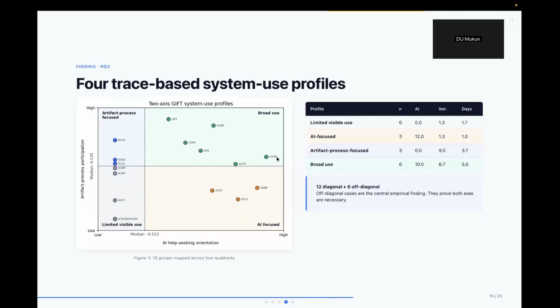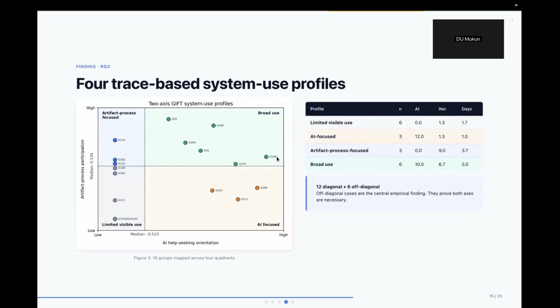And after we map all the groups onto the figure, the 2-dimension, we see that there are 6 groups.